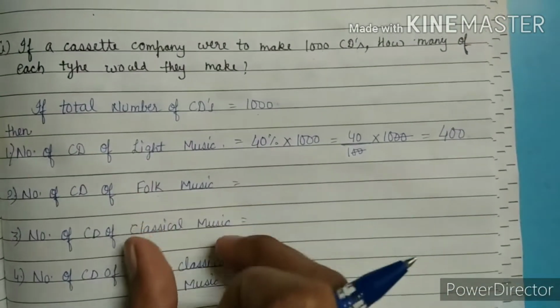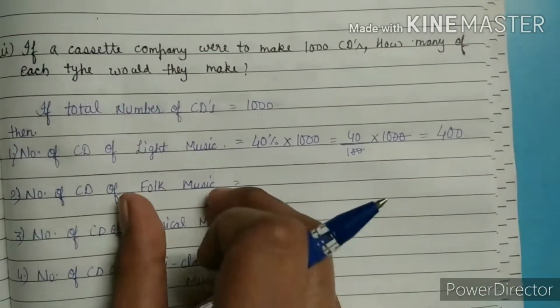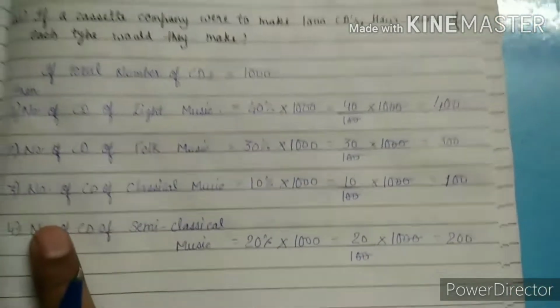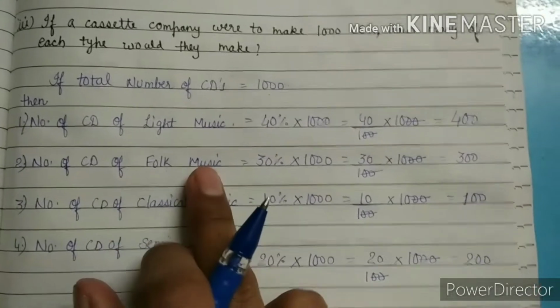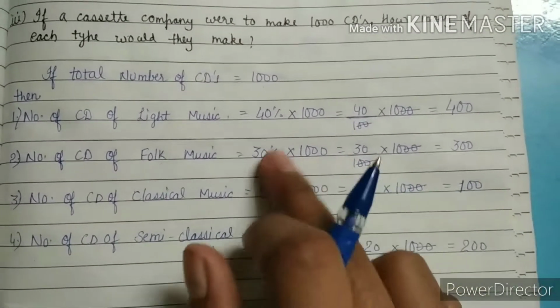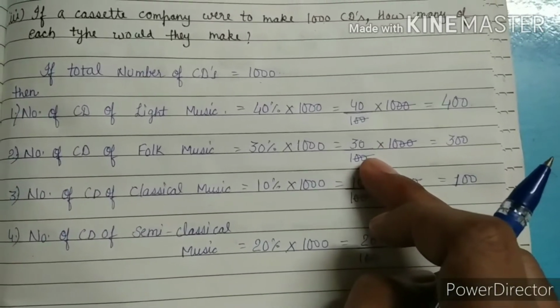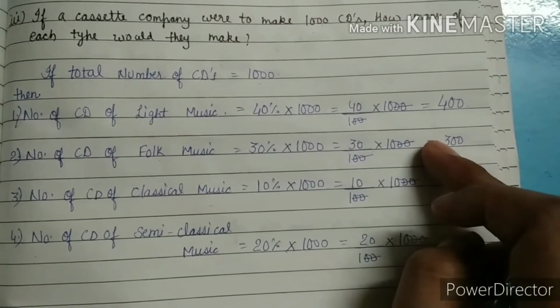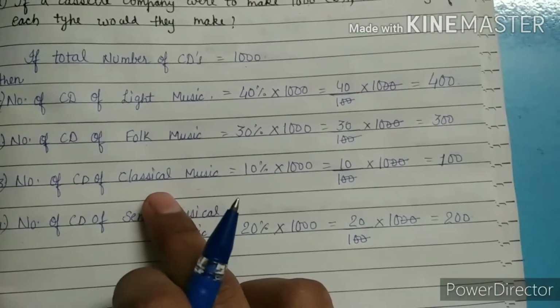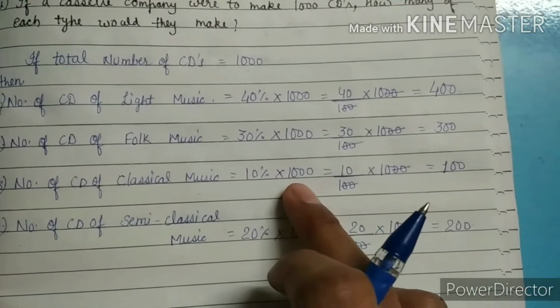Same as continuing, we go for folk music, classical music, semi-classical music. Number of CDs of folk music is equal to 30% of total. When we remove the percentage symbol, 100 will come, 00 to 00 cut, 30 into 10 will give us 300.